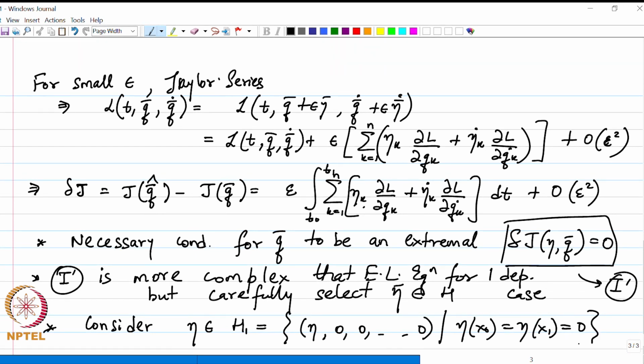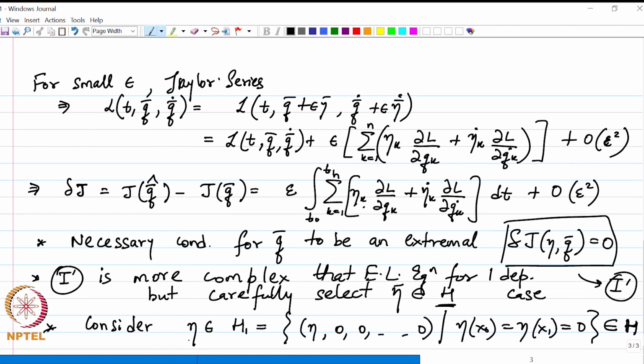So eta satisfies this: the only non-zero component also vanishes at the boundary. Here we are considering a perturbation with all components 0 except the first one. Certainly this perturbation also belongs to our perturbation set H.